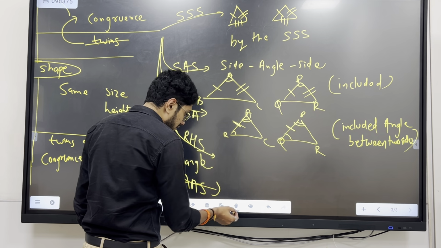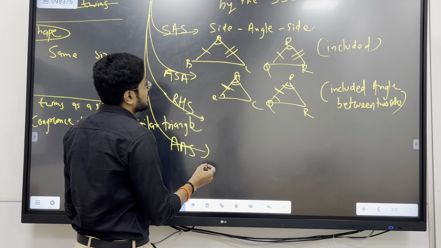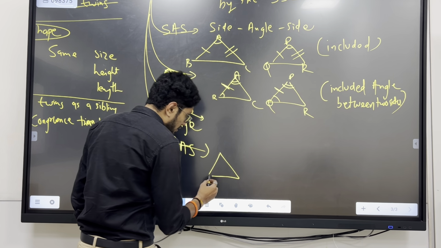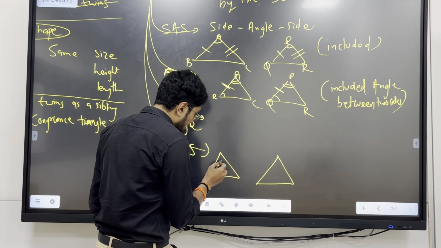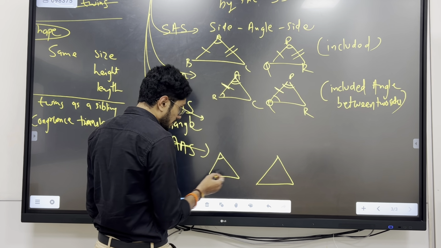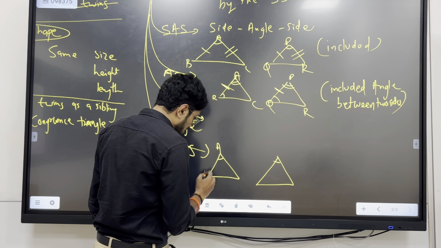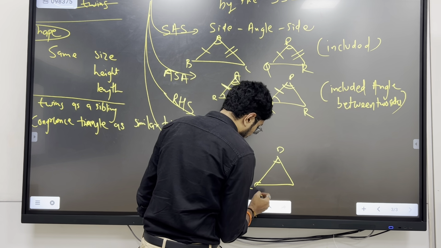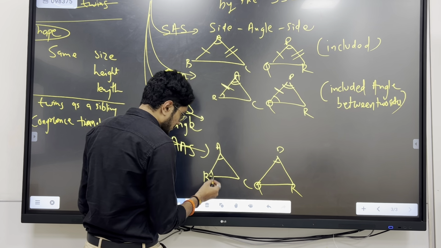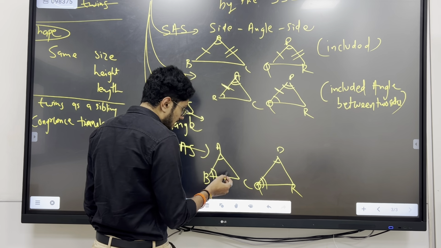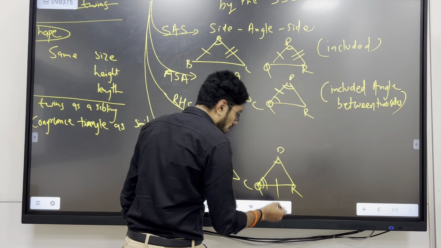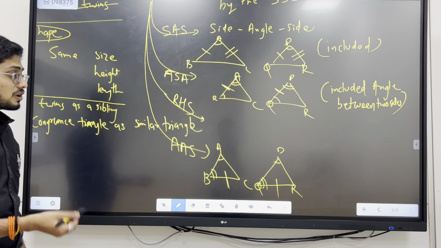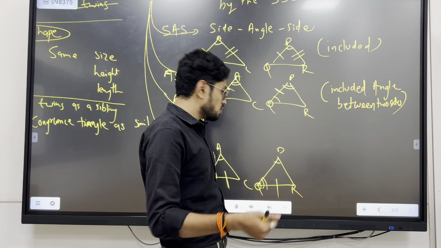So let's learn the last one first, AAS. In AAS, we can assume that if I am given this angle for this triangle, then this angle is similar to this and this side is given, or either this one. So how can we proceed further?